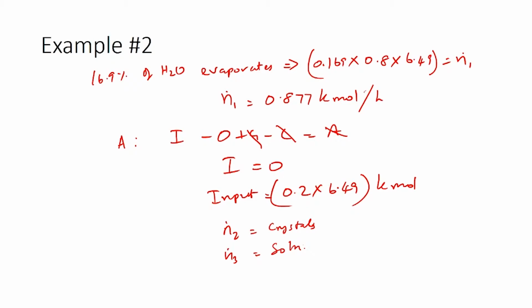We have also calculated that the sodium acetate concentration in the solution is 0.154 mole fraction. So, substituting these values, the balance equation becomes 0.2 times 6.49 equals N2 dot plus 0.154 N3 dot.